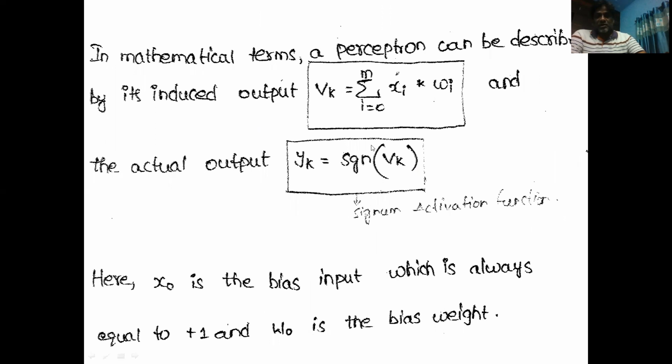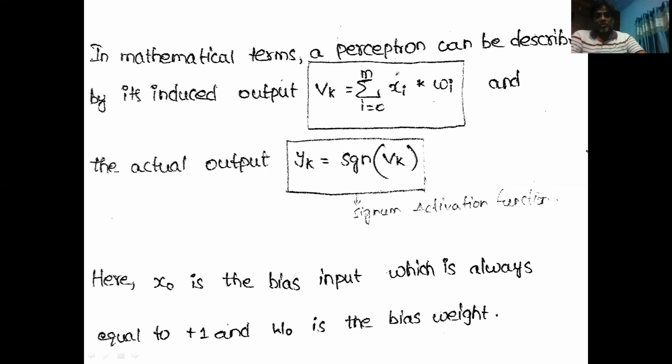In mathematical terminology, a perceptron can be described as follows: the induced output can be calculated with the formula Vk is equal to summation of i equals 0 to m xi into wi, where xi are the inputs and w are the interconnection weights.